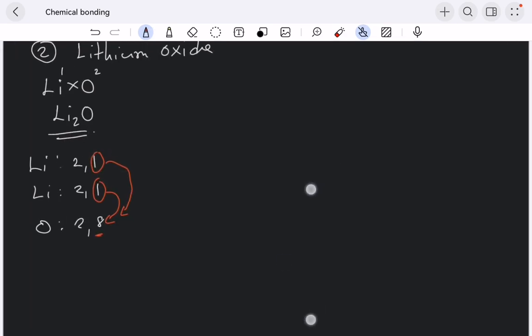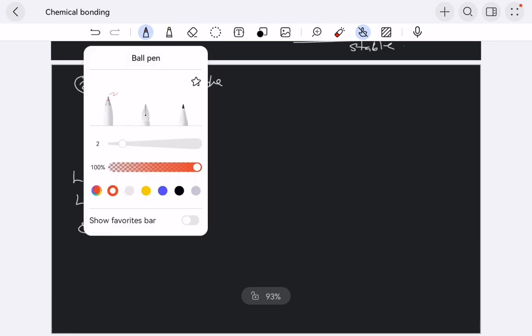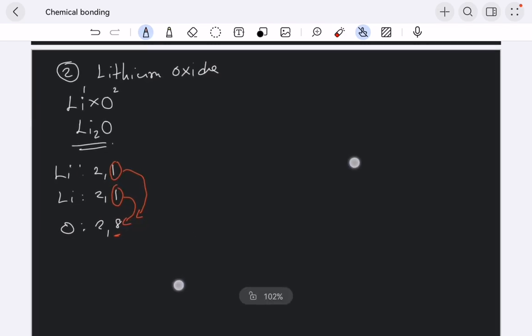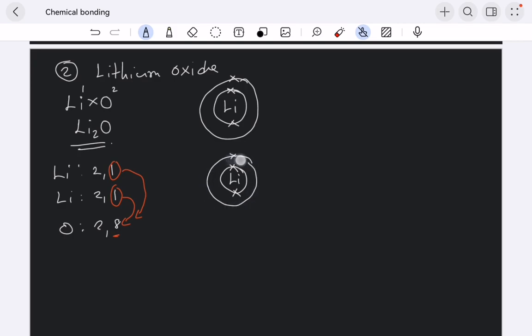So when I look at the structures, I'm going to have this with 2,1 and another lithium 2,1.